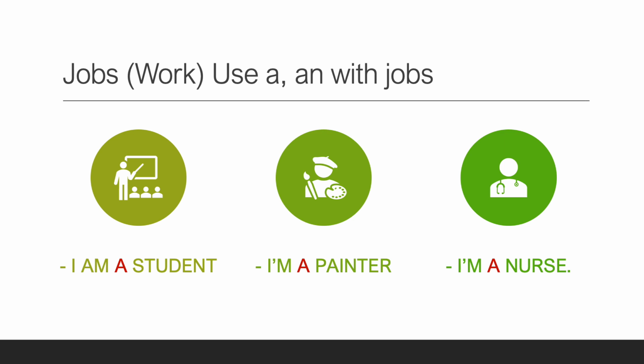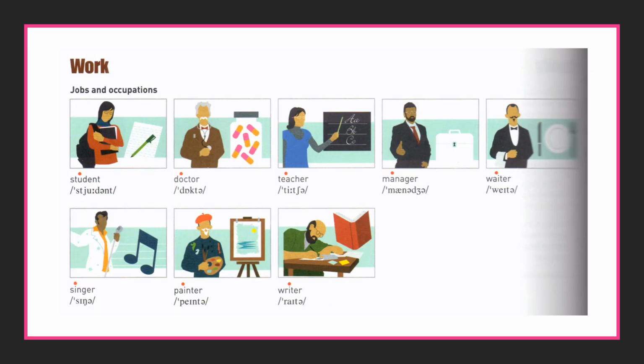Okay, now the different kinds of jobs or occupations. Occupations means job. The first one is student. I am a student. Picture 2, I'm a doctor. Picture 3, I'm a teacher. Picture 4, I'm a manager.